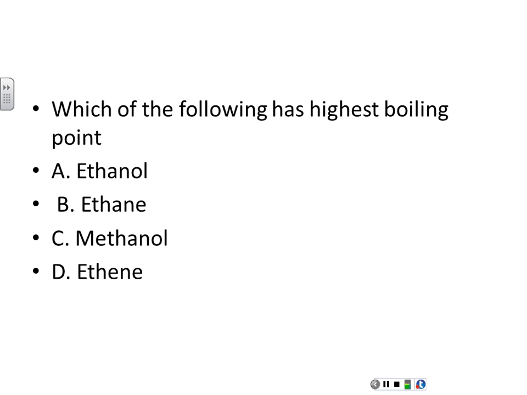Okay, now let's go to the second one, same thing. Ethane. Ethane means two carbons. It's an alkane, carbon and hydrogen.